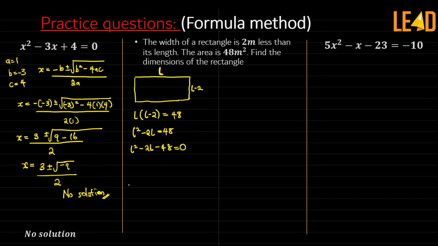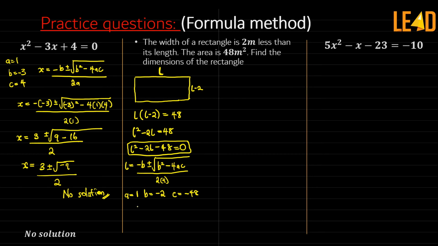Okay, so let's use our quadratic formula on this. L would be equal to minus b plus or minus the square root of b squared minus 4ac over 2a. Our a is 1, our b is minus 2, and our c is minus 48, if you check from the final equation we decided to use.